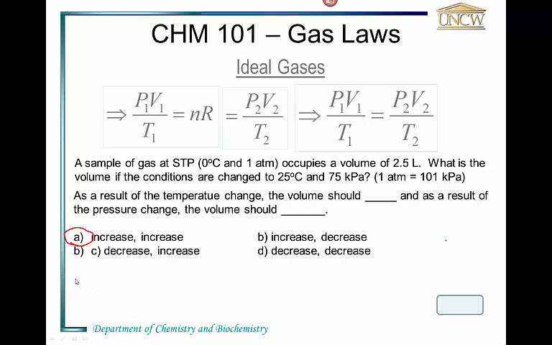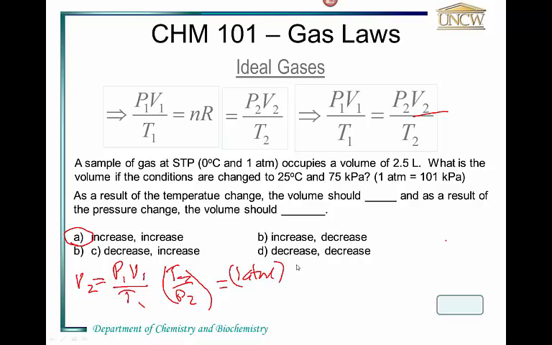We're solving here for a volume, so we'll call that V2. And according to the equation up here, V2 will be P1 V1 over T1 times T2 over P2. That's going to be P1, which is 1 atmosphere, V1, which is 2.5 liters, over T1, which is 0 degrees, STP, but that's 273 Kelvin.